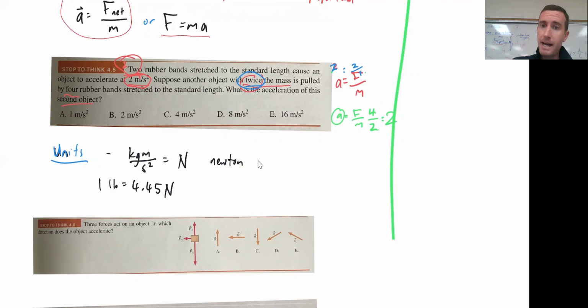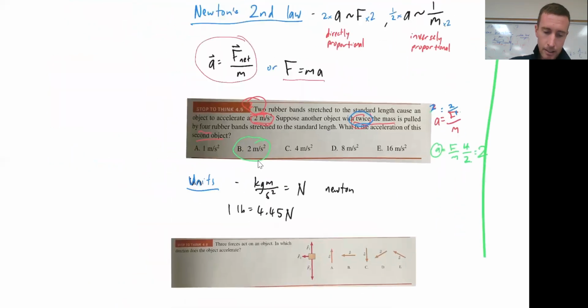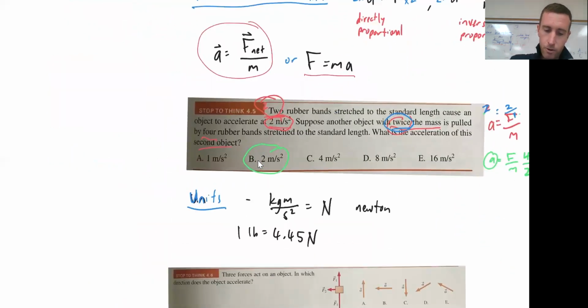I've doubled the mass, but I've also doubled the force, so the acceleration should stay the same. So my answer should be B, 2 meters per second squared. Right? Because I basically did the force went times 2, the mass went times 2, times 2, times 2, cancels each other out, and I'm left with the total regular acceleration.